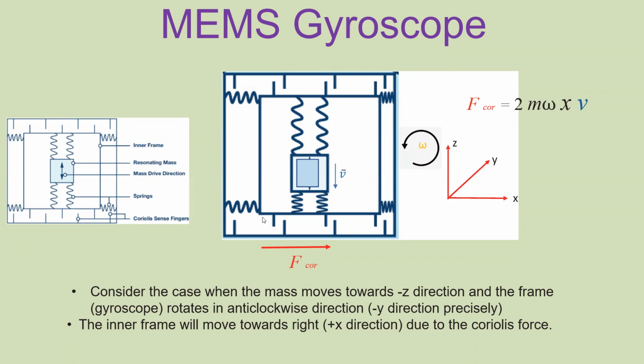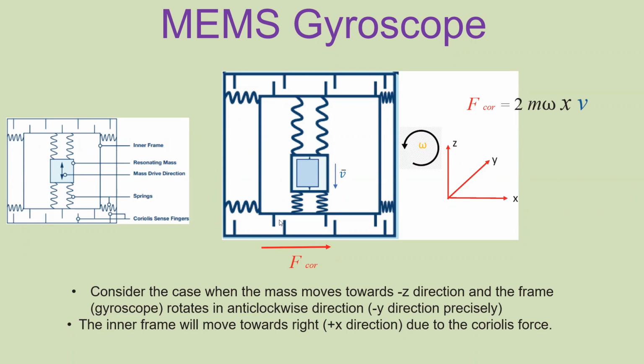So what happened? Initially, when this mass is not moving, the distance between this moving plate and these two fixed plates is the same, so the differential capacitance is 0.